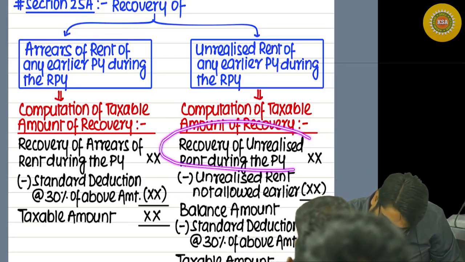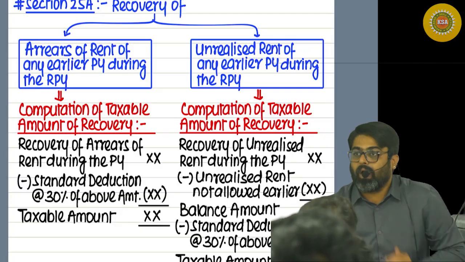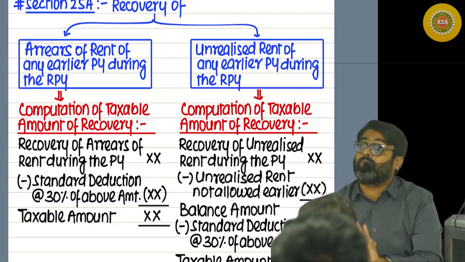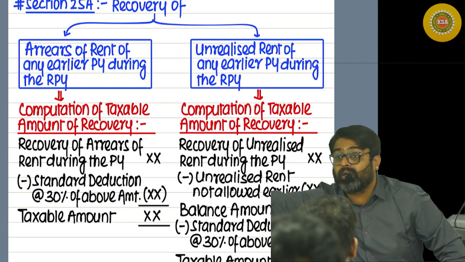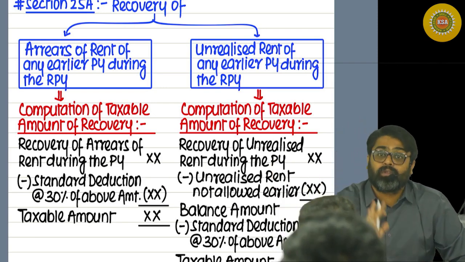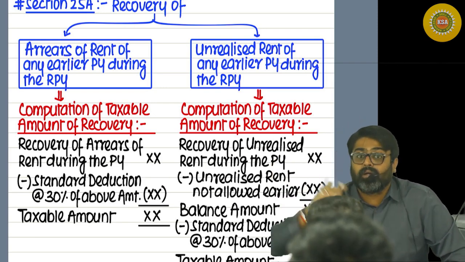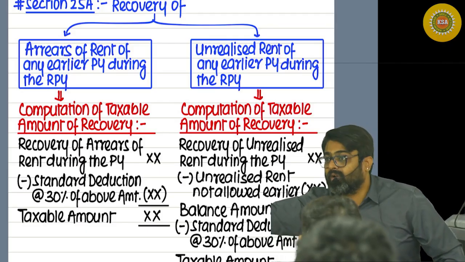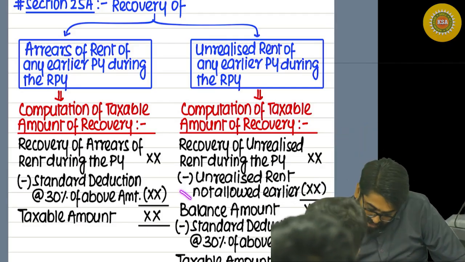Out of the recovery of unrealized rent you will have to check how much has already suffered tax. The amount which was not allowed earlier has already suffered tax. That I will reduce.